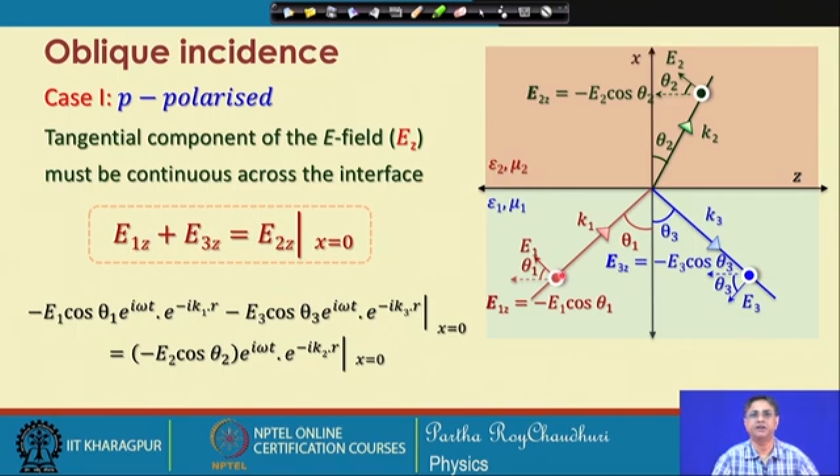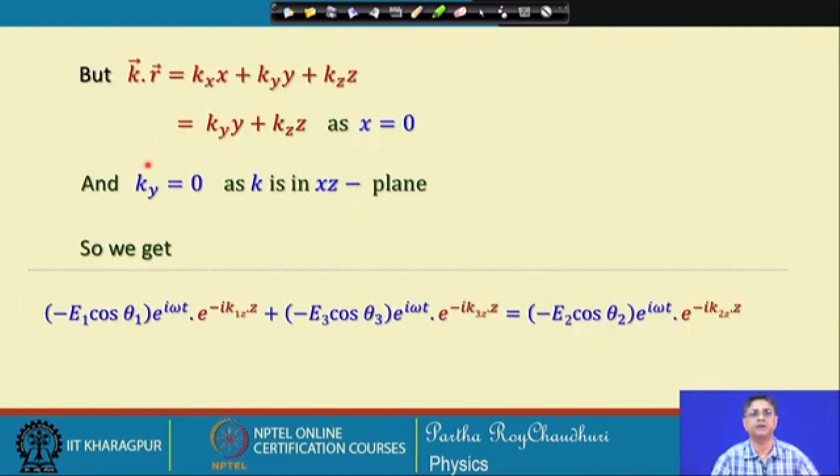The magnetic field is purely along the y direction. So, there is no y component of the wave vector, that means k y equal to 0, as k is in the x z plane.